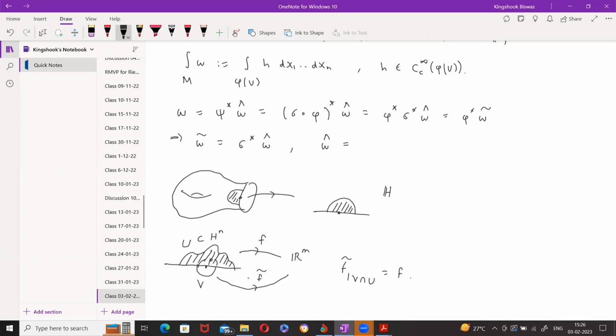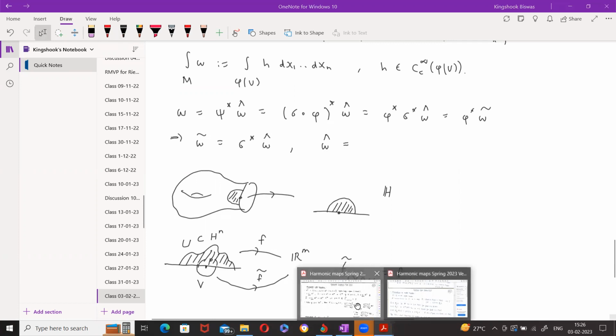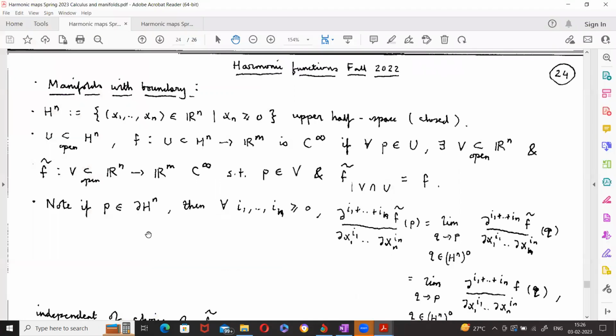Okay. So then, if I take a point P in the boundary of the closed upper half space, and I take any derivative of F tilde at P, since F tilde is smooth, I can write this as a limit of that derivative of F tilde approached from points Q in the interior of the upper half space.